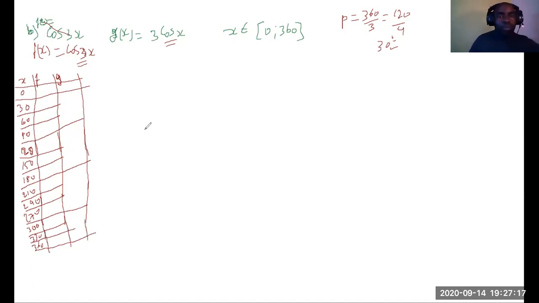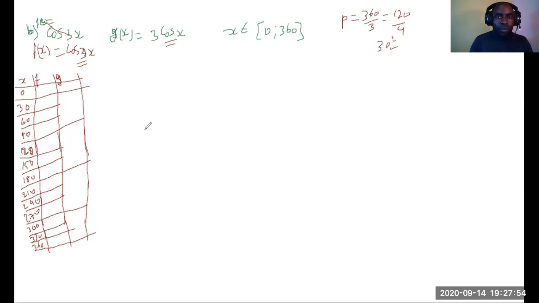Now I can go to my calculator and put in a value. You have got cos 3x, and g of x is 3 cos x, and we'll go in the step of 30.